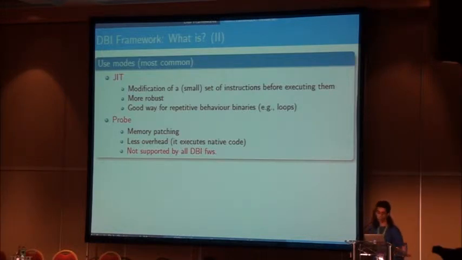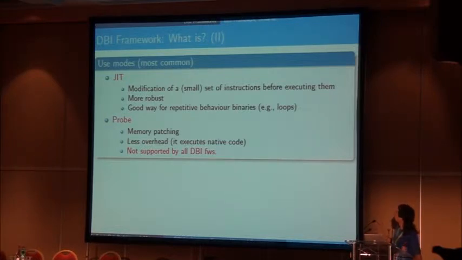The most common use modes in DBI are just-in-time, where we have a modification of a very small set of instructions before executing them. In this case, this mode is more robust, and it's very good for repetitive behaviors, for instance, for loops. Why?